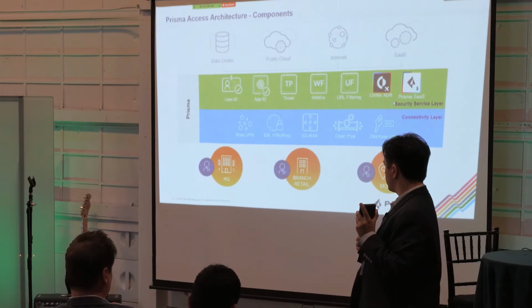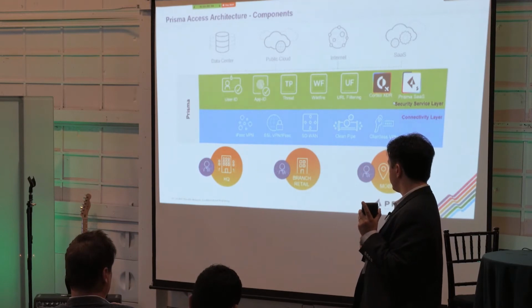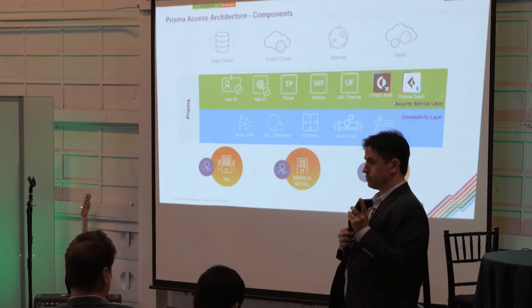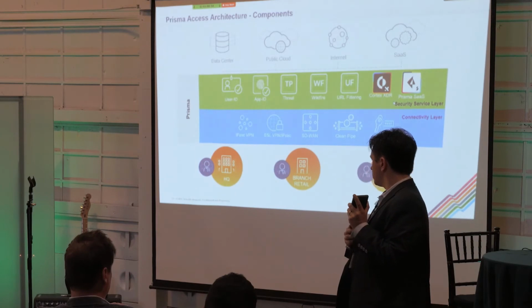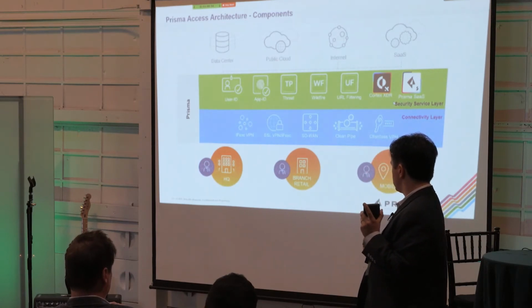So this user ID X can access a financial application, so that the App-ID would be deciding what exactly they can do with that application and where exactly it is hosted, whether it is hosted on the secure data center or accessed as a SaaS application. So that's how the solution works.